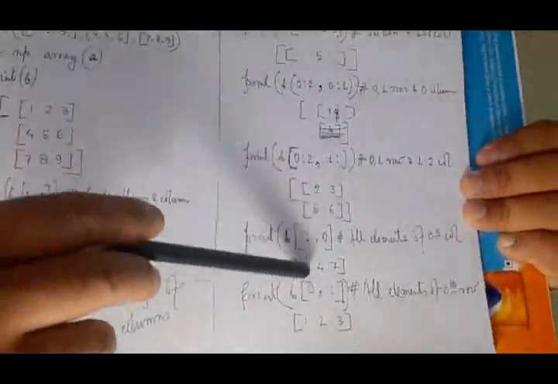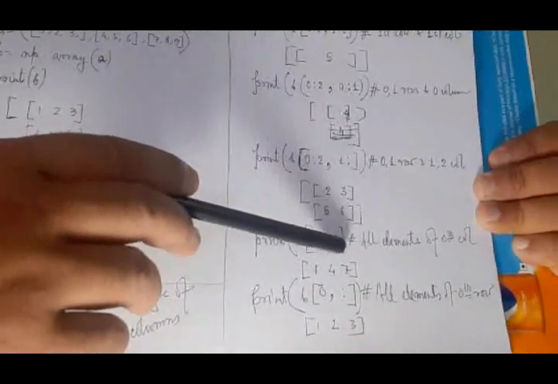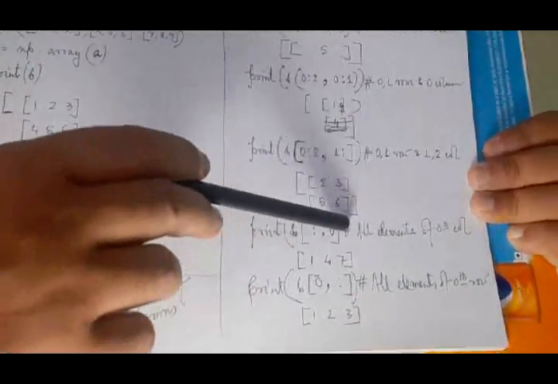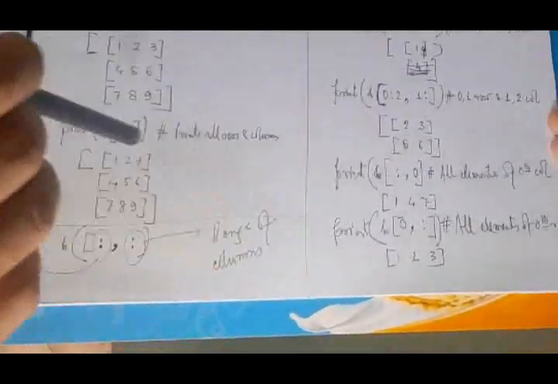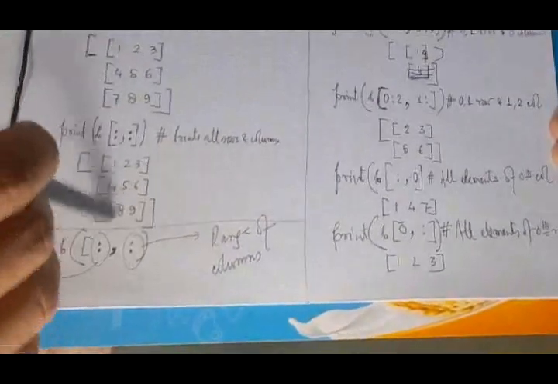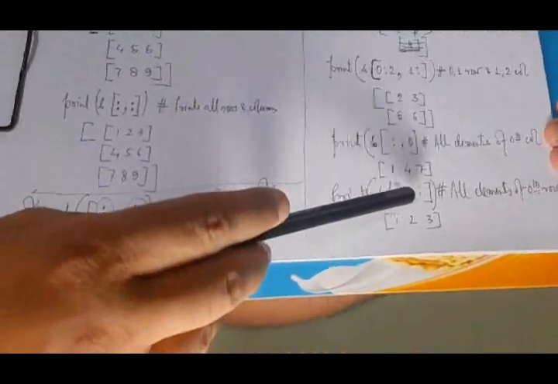So 1, 4 and 7 will be printed. 0 means only the 0th column, because there is no range of columns. So the values of the 0th column across the range of rows.